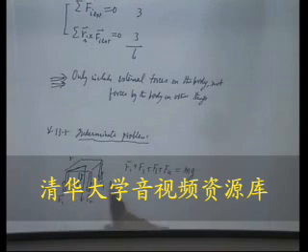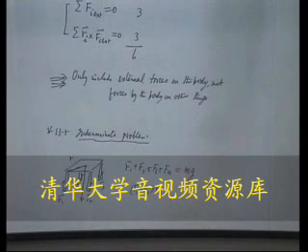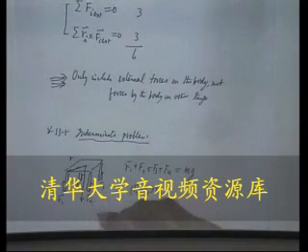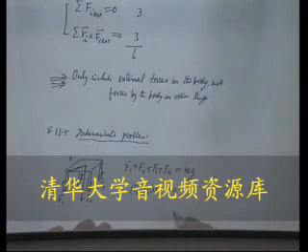Then F1 and F3, I claim F1 minus F3 times r is a torque in this direction, and that has to be equal to 0. While F2 minus F4 times r gives you a torque in a perpendicular direction, so that also has to be equal to 0.